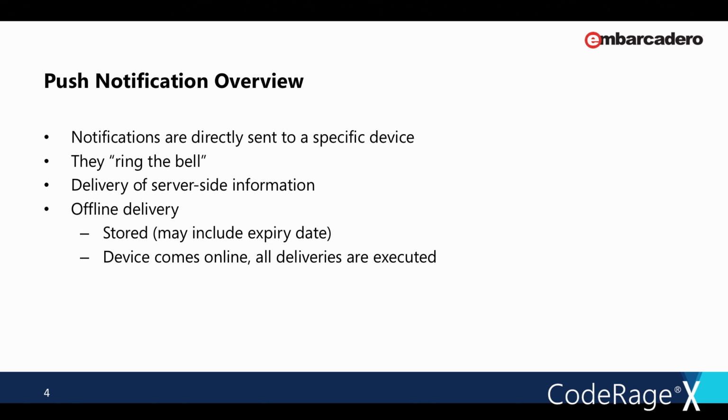If you're subscribed to some sort of stock quotes, it wouldn't make sense to receive notifications that are 5 days old just because you were somewhere in the woods on vacation, and once you go online and get your device connected again, you would receive all that expired, useless information. That's the reason why there is usually an expiry date for offline notifications.